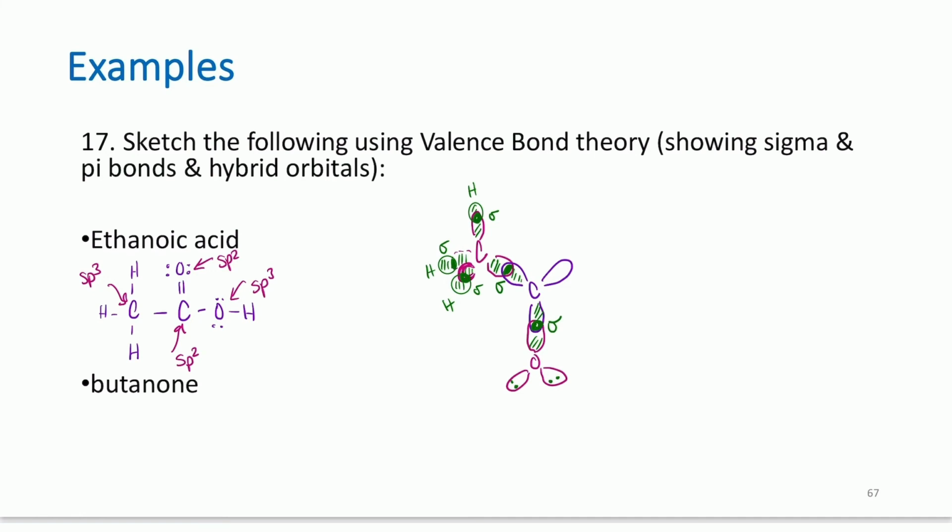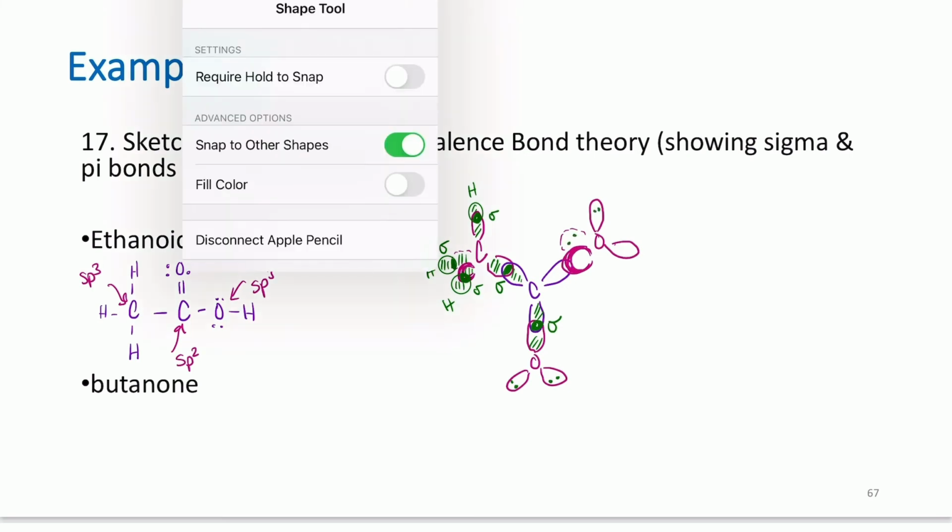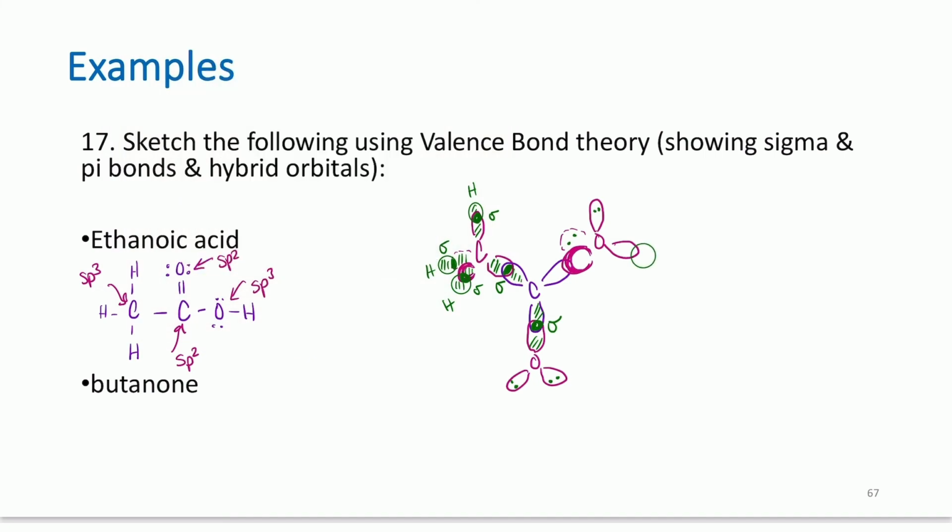That carbon is also bonded to a second oxygen, which is tetrahedral in shape. It also has 2 lone pairs. And it is bonded through a sigma bond to a hydrogen. So this is sigma as well.